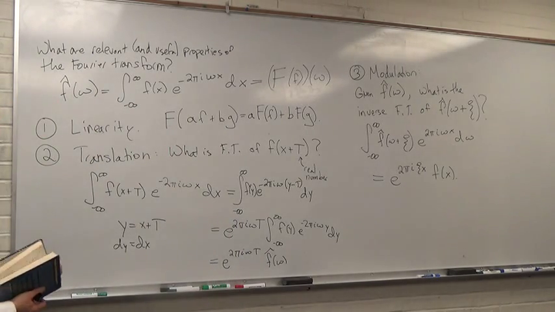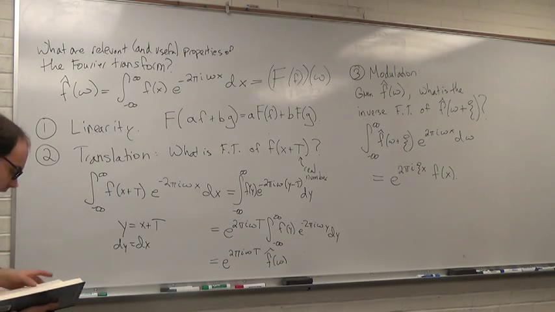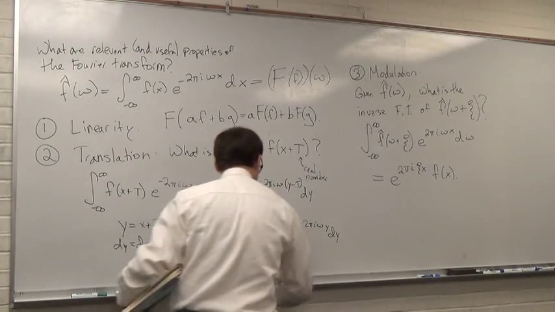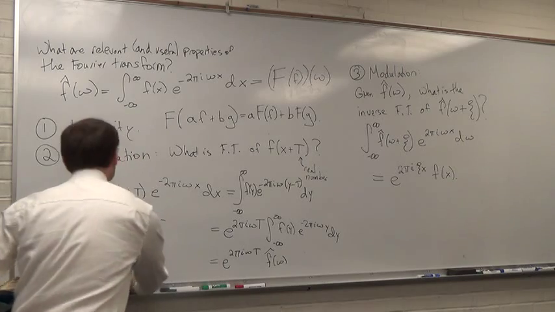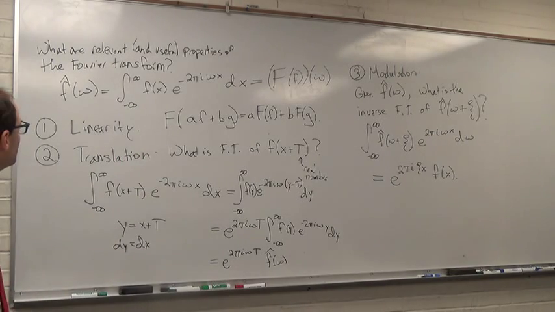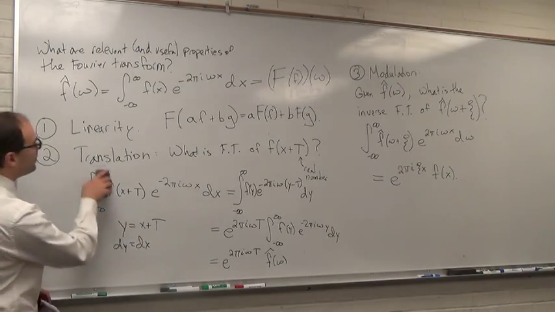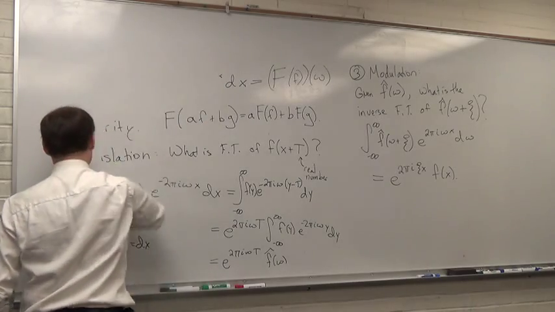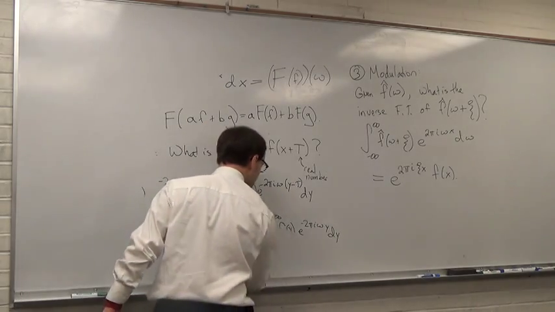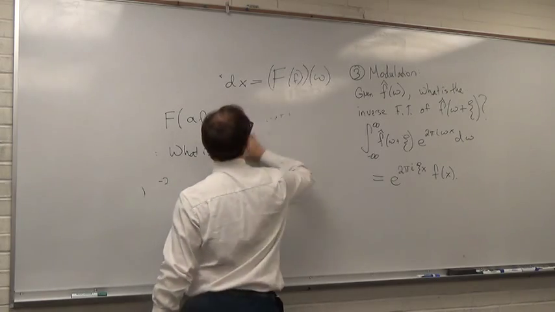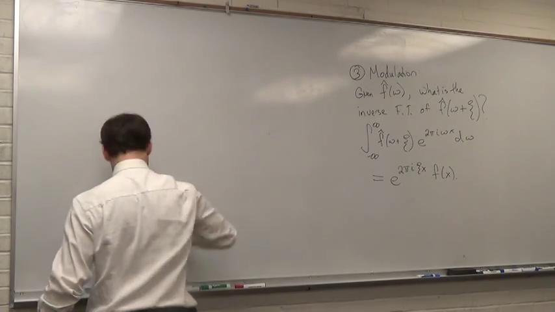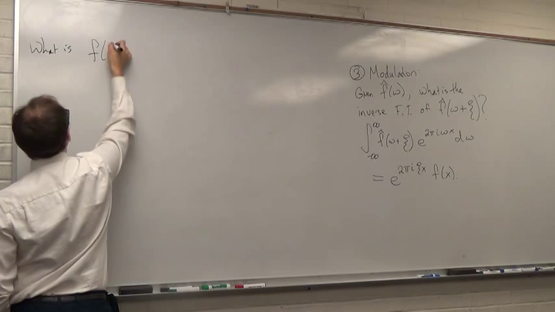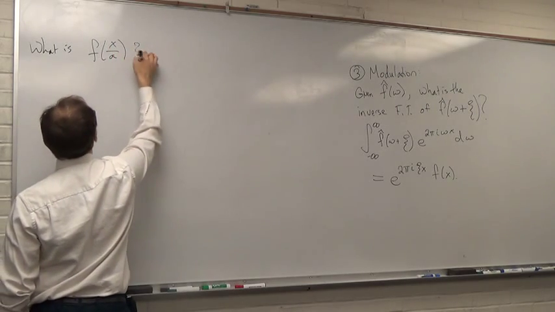Well, you can scale. I always mess up the scaling, so I need to get that one right. Okay, here we go. The scaling law says we're going to scale our time, so we take f of x divided by a, and its Fourier transform.